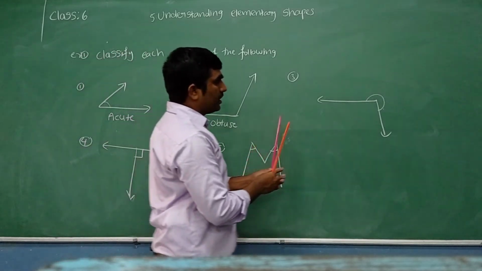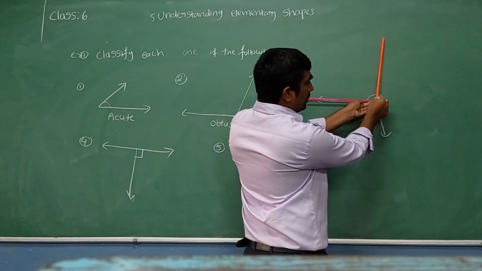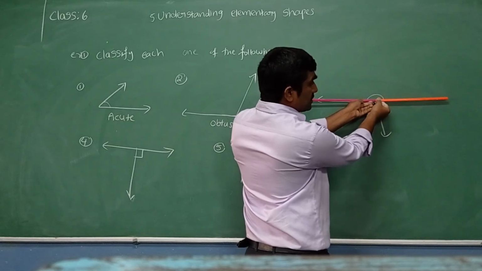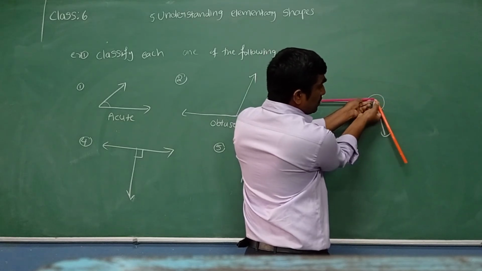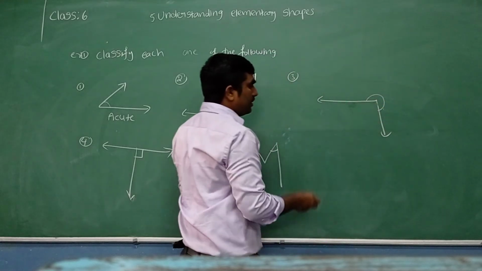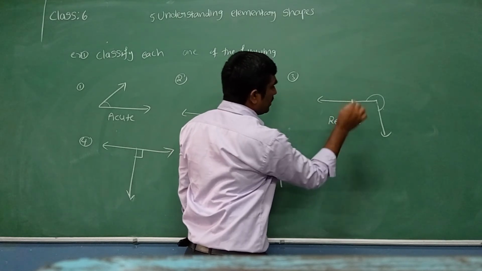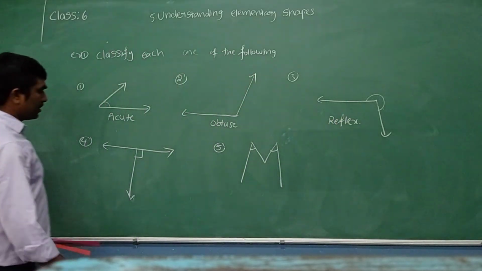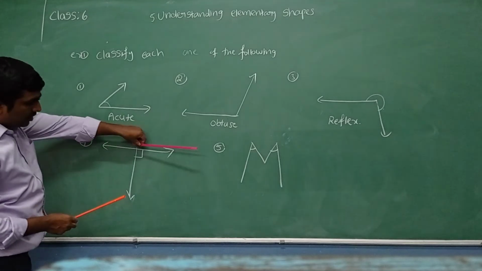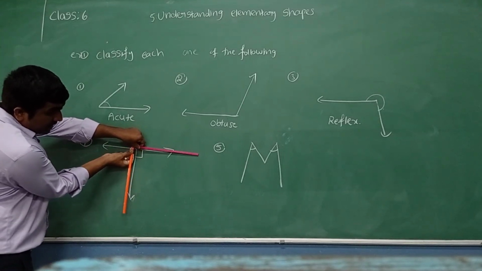What about this? One is horizontal, and if the other is vertical, it is a right angle. If it is opposite, it is a straight angle. An angle whose measure is more than a straight angle is called a reflex angle. Now, one is horizontal, the other exactly vertical, like an exact L shape.